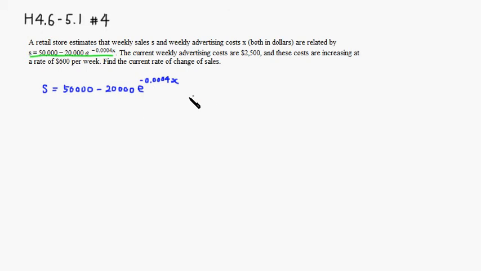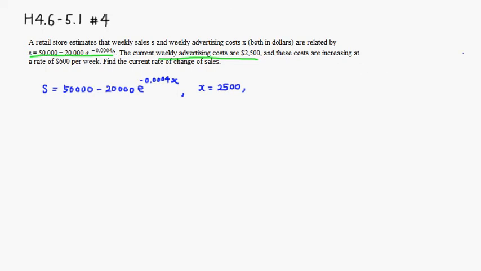And then we have weekly advertising costs are 2,500, so X is currently 2,500.